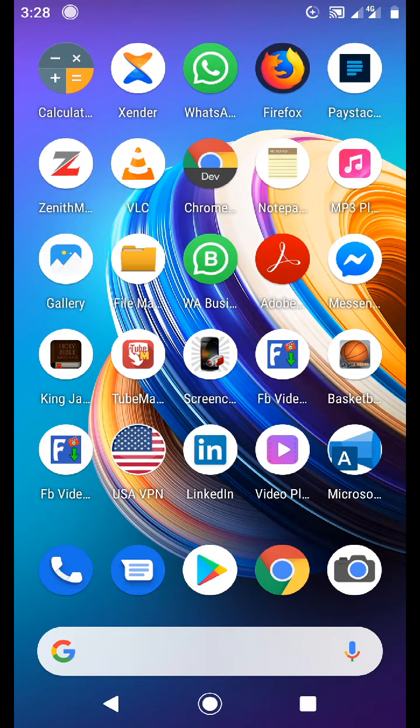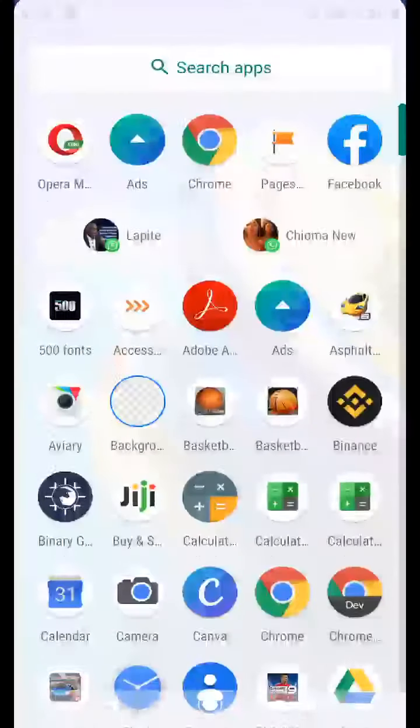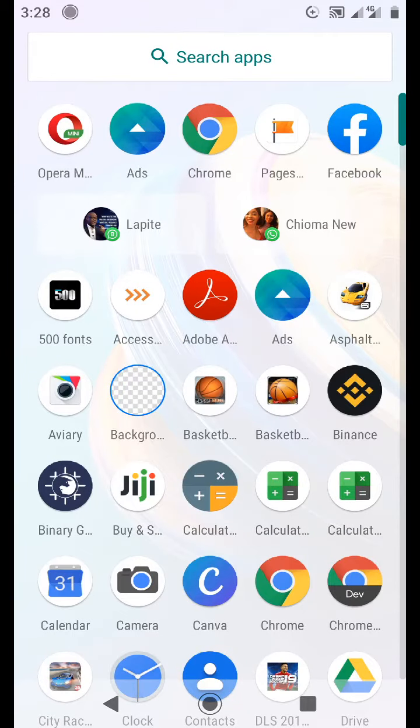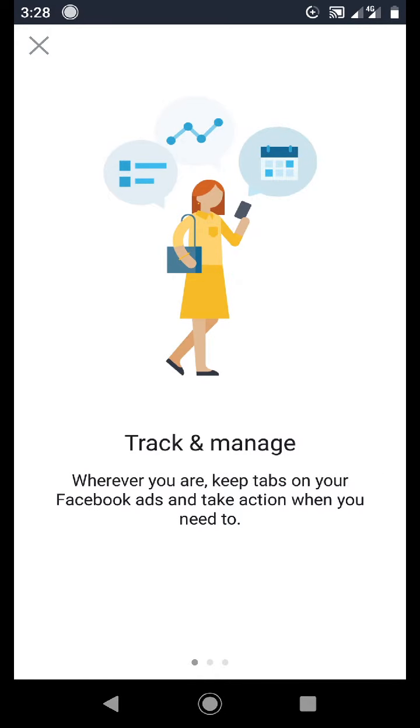So in this tutorial, I'm going to be showing us the importance of using a good image in your advert. For the tutorial, I'll be making use of my ad manager. And I would like to say something.